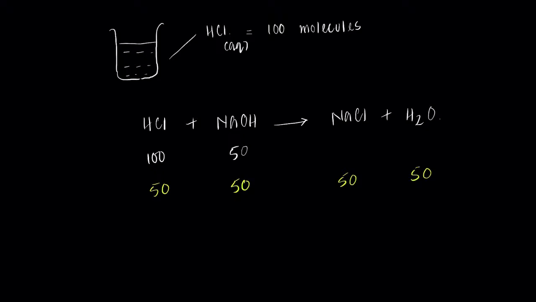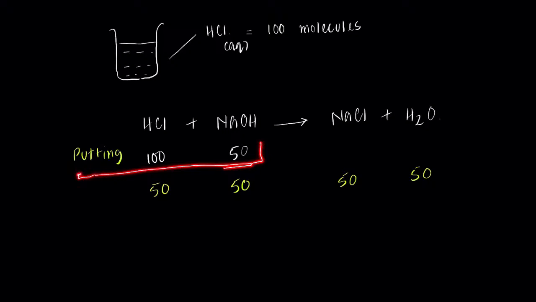Okay. Let me start one more time. We're talking about 100 molecules. This was already there, right? We started with 100 HCl molecules in this beaker. You can think of them as moles or something else, right? And I'm adding 50 to it. In white, this is what I'm putting in. As soon as I put them in, they'll react to form something else.